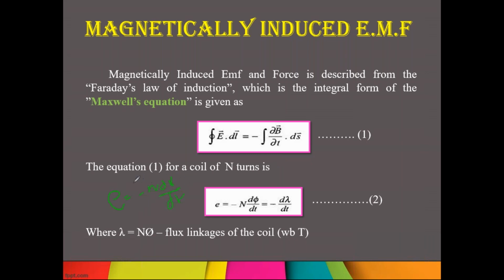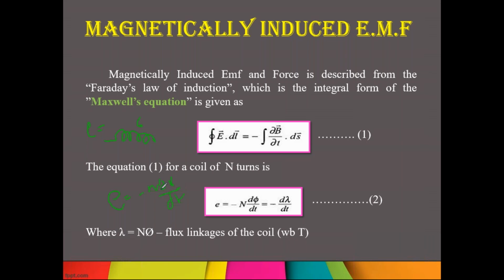The meaning of this equation is that the EMF depends on how many coils are in the conductor. Suppose the material has 6 coils, then the EMF will depend on the number of coils, and d phi by dt is the rate at which the flux increases.